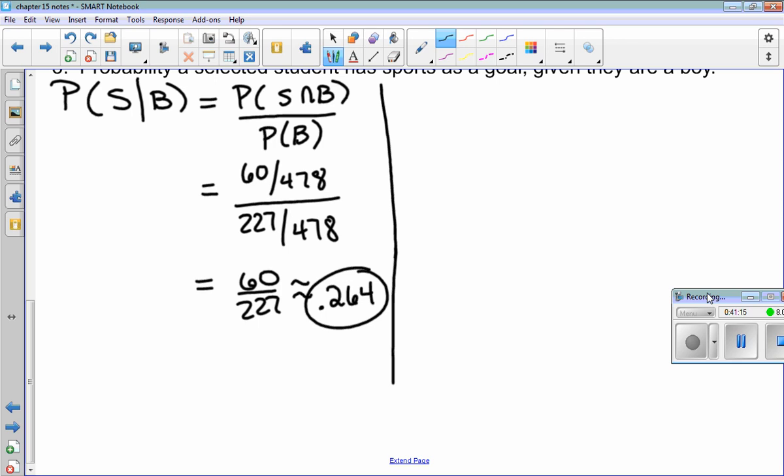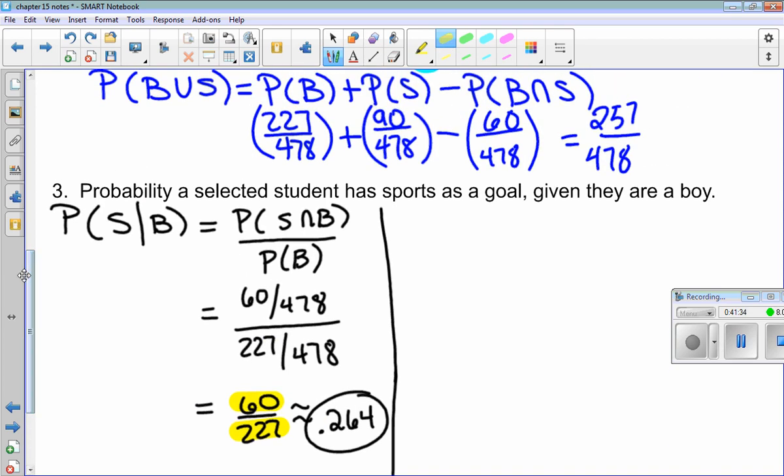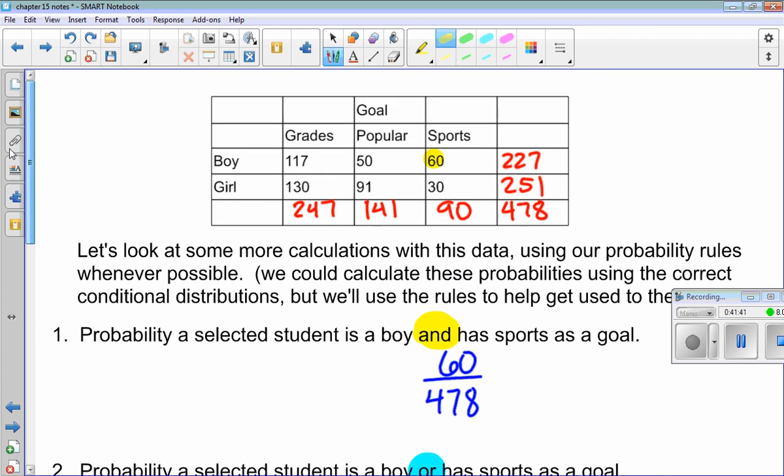Good. We can also do this if you look here. So we're okay with the formula, right? Yes. Which is great. The formula always works. But if you're given a contingency table, there's a shortcut. Let's look at these two numbers. We're looking at sports given that you were a boy. So we're looking at 60 and 227. Look where they are in our chart. 60 out of 227.